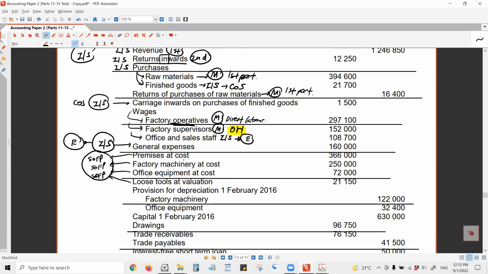And when you think of NCA, you must think of depreciation. So the depreciation of this and also the depreciation of this should go into the manufacturing account. They are production overheads.